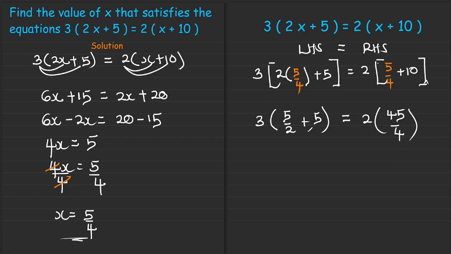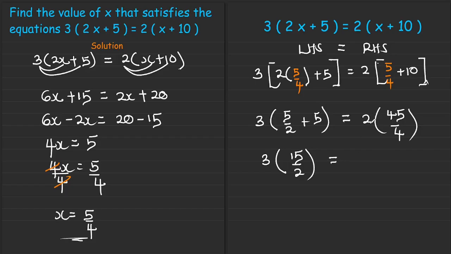So we can simplify this further. That is the left hand side, giving us a 3 into bracket 5/2 plus 5/10 gives us a 15/2.